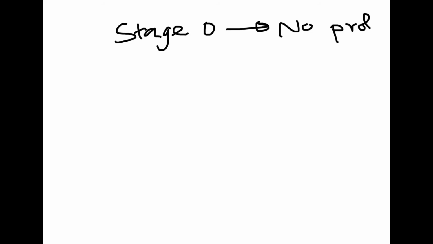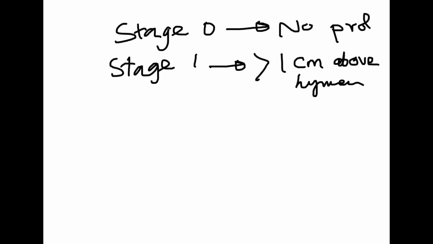Then stage 1 is when the distal part of the prolapse is above the hymen by more than 1 centimeter. 1 centimeter above the hymen means that is the -1 level. So anything more than that, or above that level, is considered stage 1.